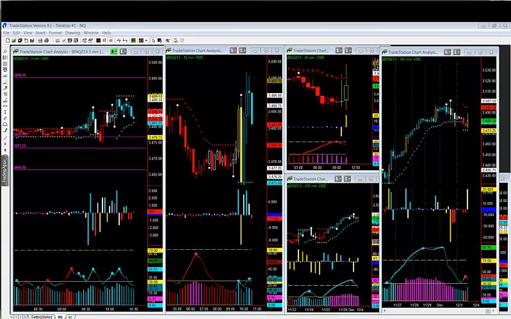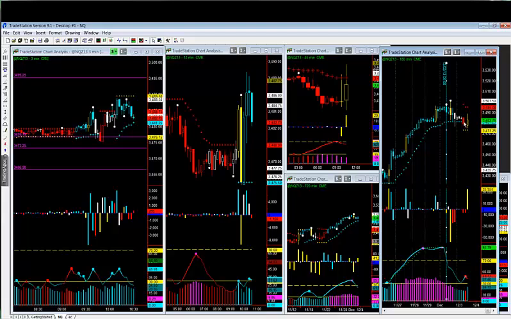Now, why would you incorporate the ADX? What's the advantage of purchasing the ADX? Well, as you can see over here, we knew at this point that the ADX was coming back to the ATR.